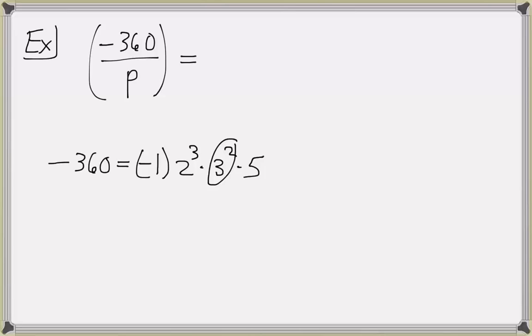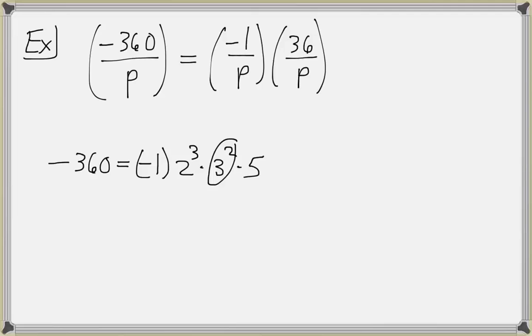So when I break up the Legendre symbol, I'm going to break it up as negative 1 over p, and then we have a factor of 36. It's good to remember that if you have a Legendre symbol where the top is a perfect square, that will always be equal to 1. So this part is 1.